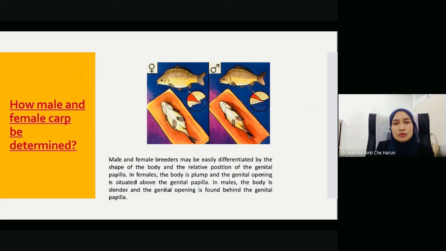And in terms of the genital papilla, female genital opening is situated above the genital papilla. And then for the male, the genital opening is found behind the genital papilla.